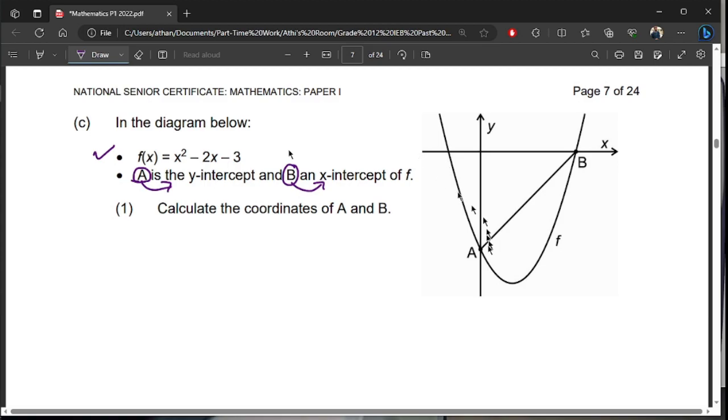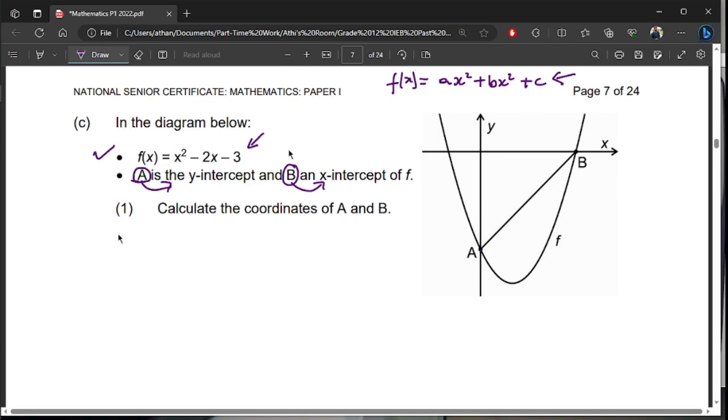Let us start off with A. Since A is the y-intercept, hope you guys will remember now from this formula, ax squared plus bx plus c, the value of c here by default is the y-intercept. Okay, the value of c is the y-intercept, meaning the value of -3 will be the y-intercept.